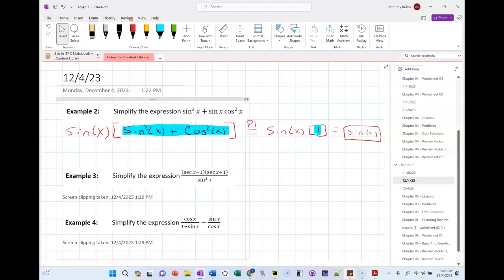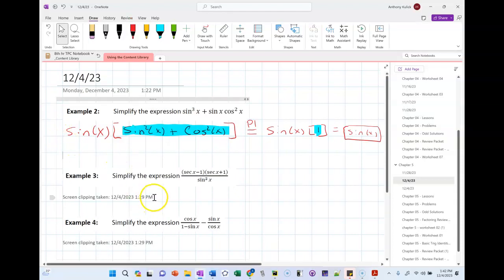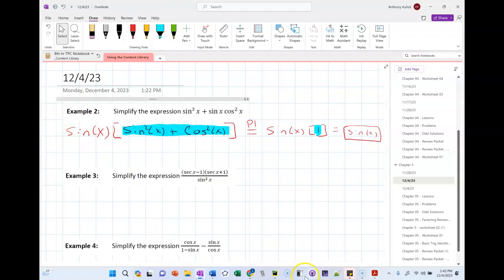What do you guys think? So here's the catch with these problems, right? There's not just one set procedure for doing this. There's lots of different ways you could do these. Some of them are going to be faster than others.